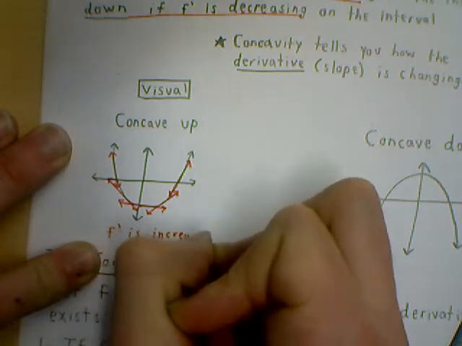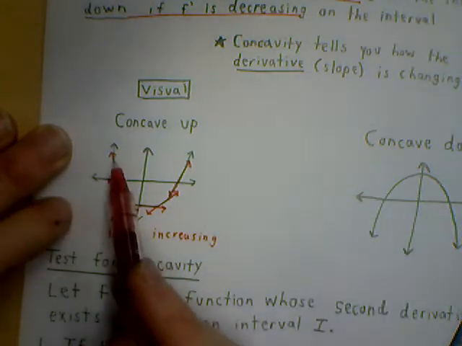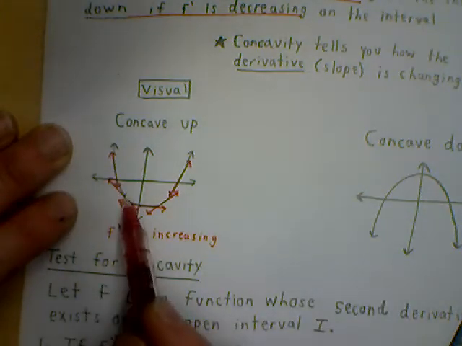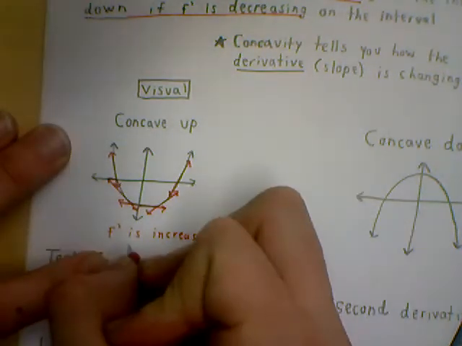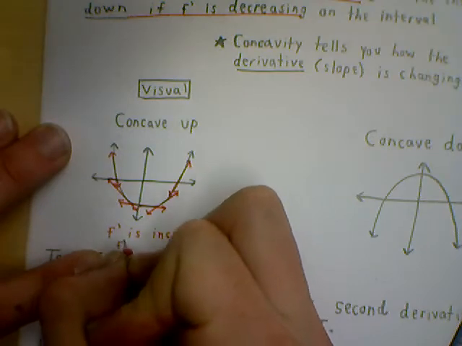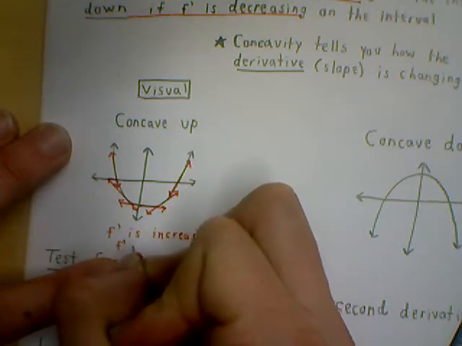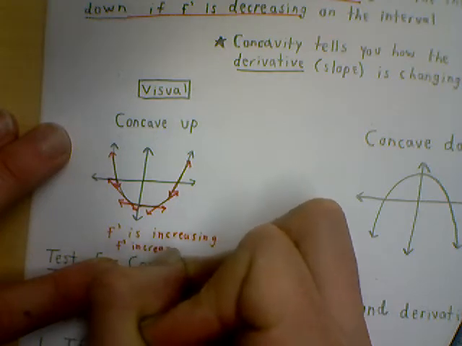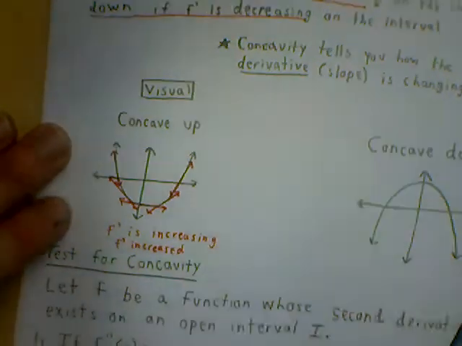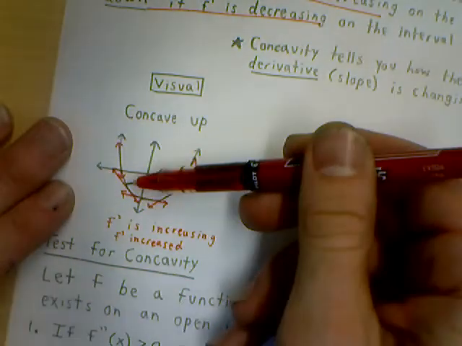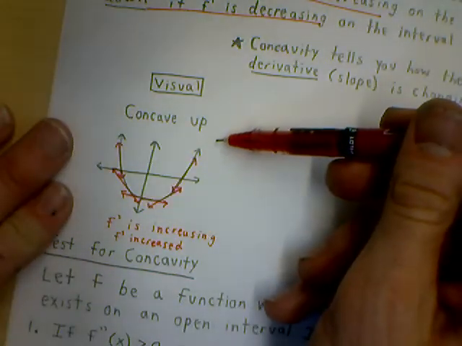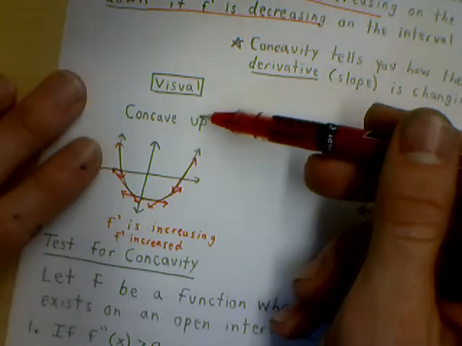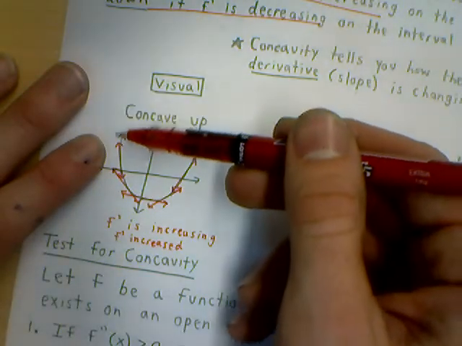My slope went from negative to positive. We can say f prime increased over this interval. So anytime your slope is going from very negative to very positive, you can say that a graph is concave up. So our slope is changing.